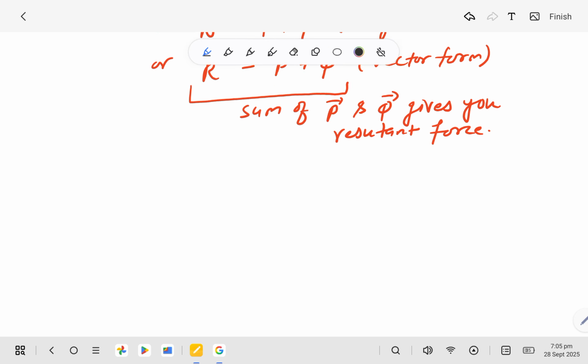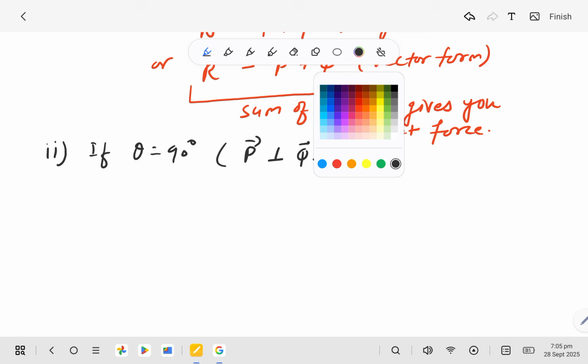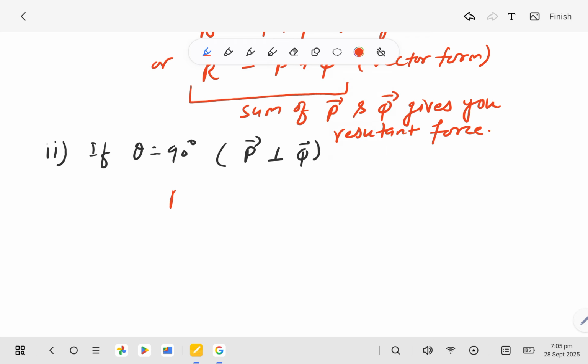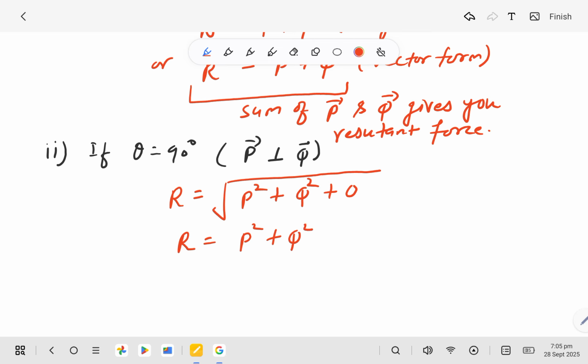Okay, so now we consider the second case. If theta equals 90 degrees, it means P is perpendicular to Q. In this case, R will be P square plus Q square plus 0, because cos 90 is 0. So R will be the square root of P square plus Q square.